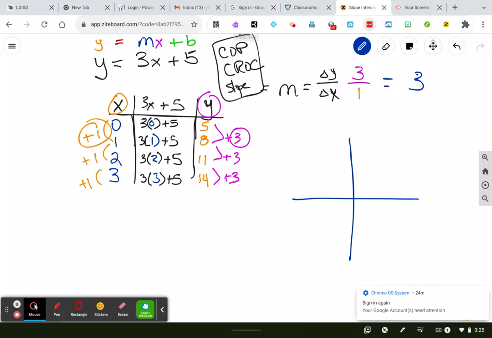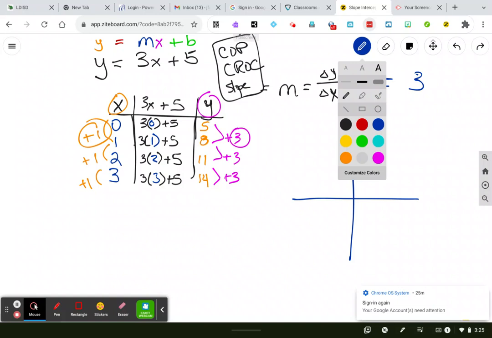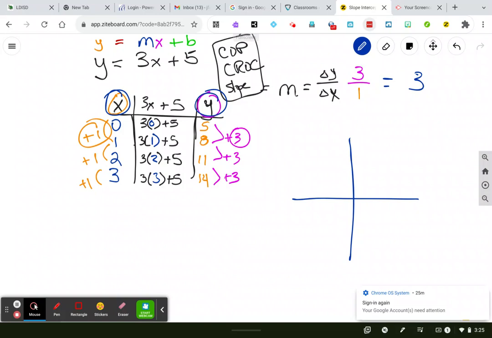And if you look at my graph, if I take these coordinates, if I were to take my x's and my y's, so 0 and 5, 1 and 8, 2 and 11, and 3 and 14.